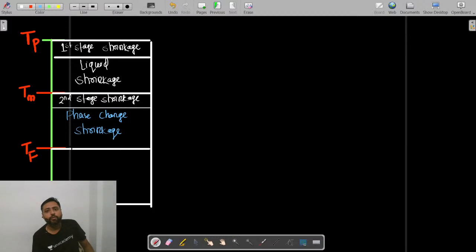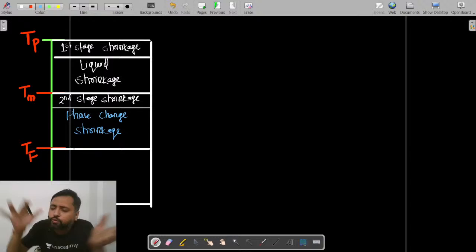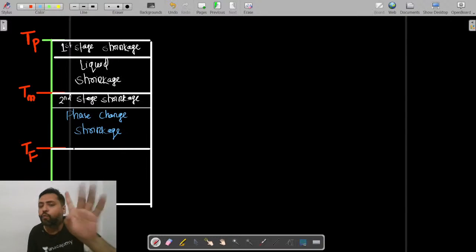Dear students, I told you, whatever material you take, the second stage of shrinkage, the phase change shrinkage, is going to happen in such a way that volume will reduce, except one case.